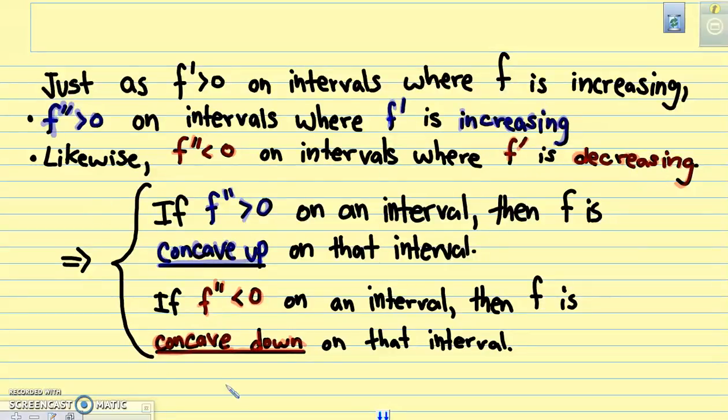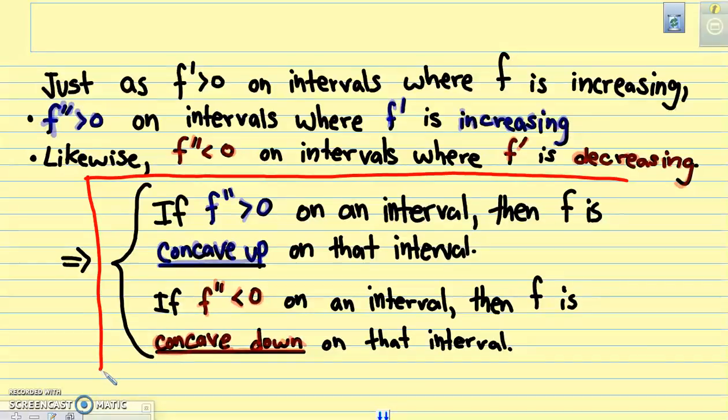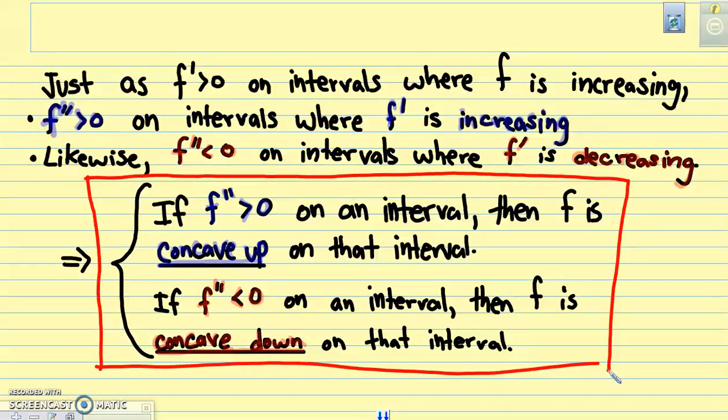This is the important part here though. If that little paragraph that I just tried to explain confused you, just pay attention to this. If the second derivative is greater than 0, in other words, if the second derivative is positive on an interval, then f is concave up on that interval. If f double prime is less than 0 on an interval, then f is concave down on that interval.